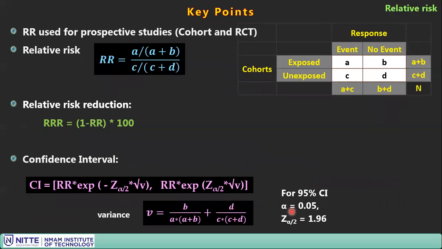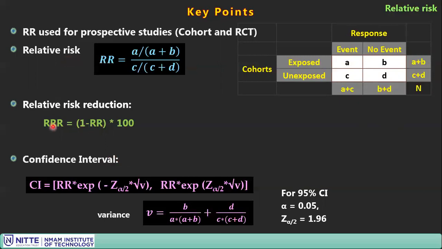The key takeaway from this video lecture: relative risk is used for prospective studies, cohort or RCT. So you'll be drawing the 2 by 2 contingency table. Using that, you'll calculate the relative risk using this formula, which is the risk rate for the exposed to the risk rate for the unexposed. You'll take a ratio, then calculate the relative risk reduction, then you can calculate the confidence interval.